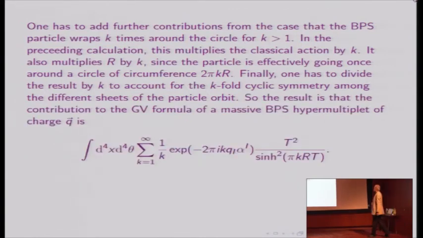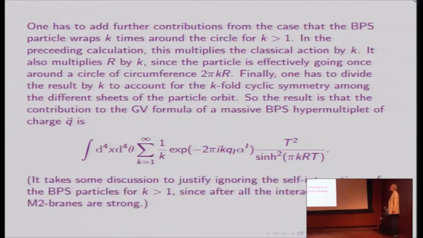So you get this formula. Unfortunately, alpha should still be curly z, as the contribution to the GV formula of a massive BPS hypermultiplet of charge q. I figured I'd be running out of time, but you see, it would be a good exercise.